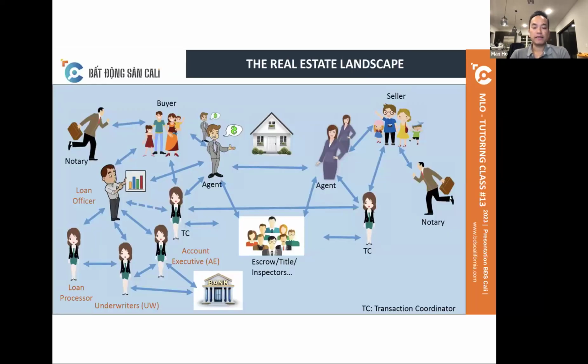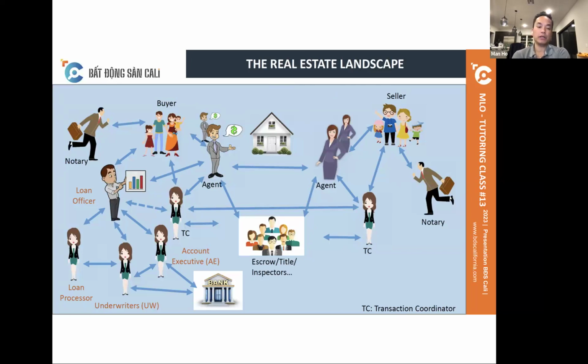Believe it or not, this diagram illustrates the majority of the real estate transaction, and we as MLOs cover half of it, but we need to understand the whole big picture so that we're able to help the clients.